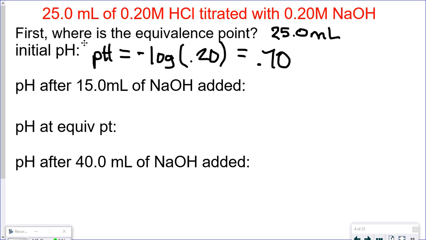So to find moles for our hydrochloric, we do the molarity times the volume in liters, so 0.025. So that will give us 0.005 moles of acid.